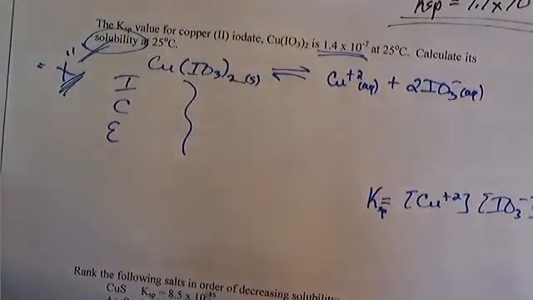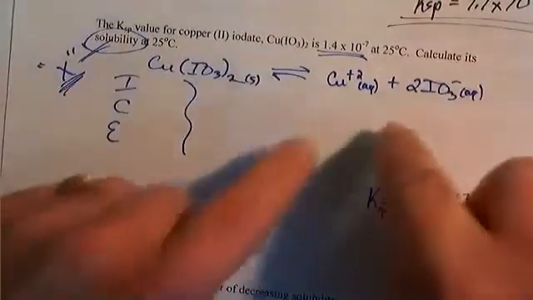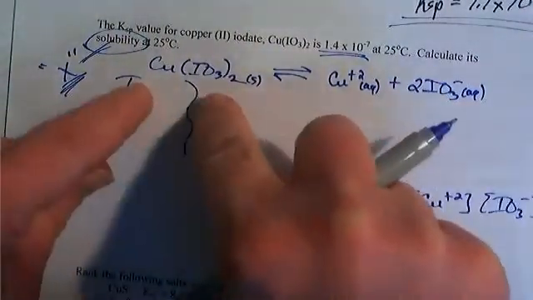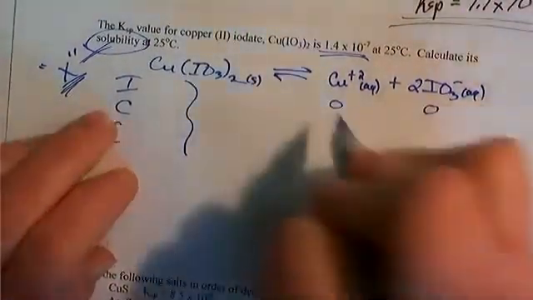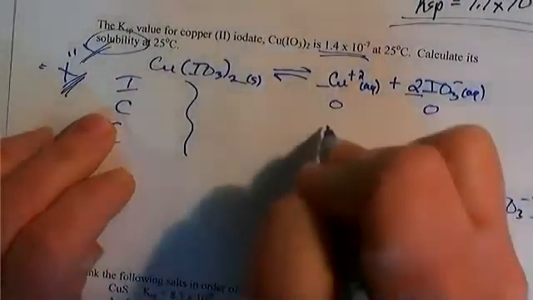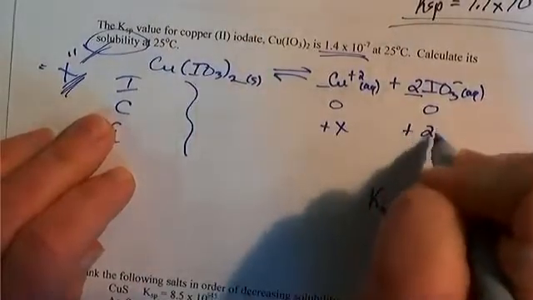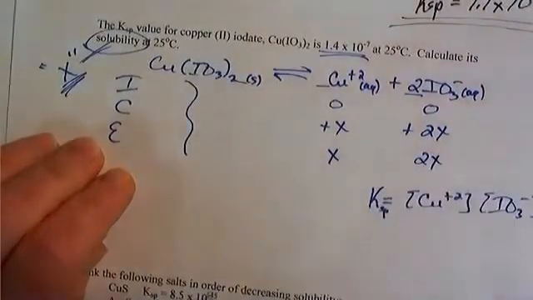We are not told anything about starting in our solution with these, so we're imagining that these are just being created, and so we start with 0 of these. Respecting the mole ratio in our coefficients, we will make 1x of our copper, but 2x of our iodate. So we have x and then 2x.